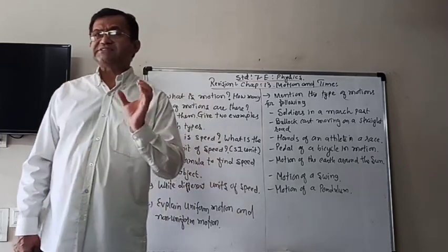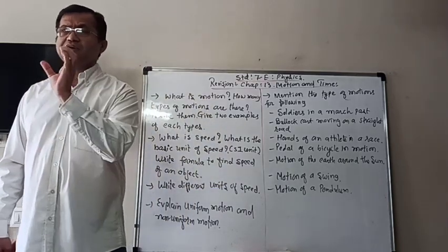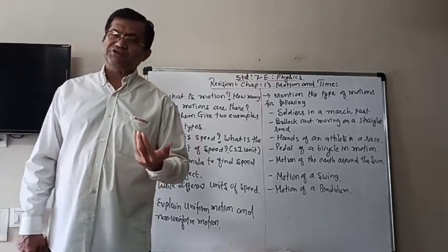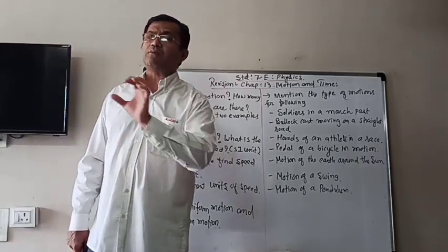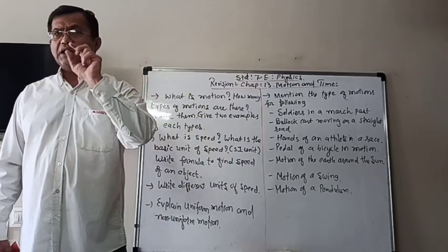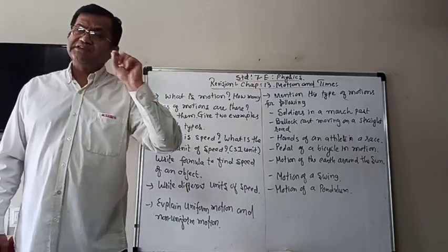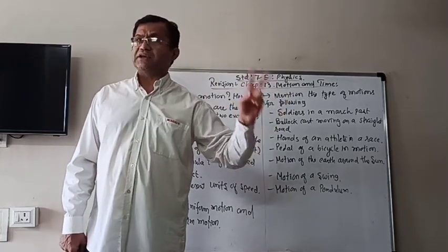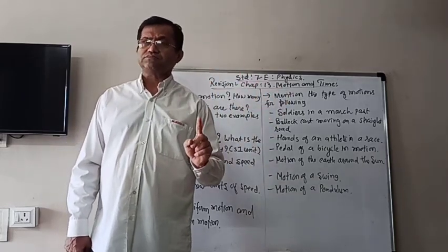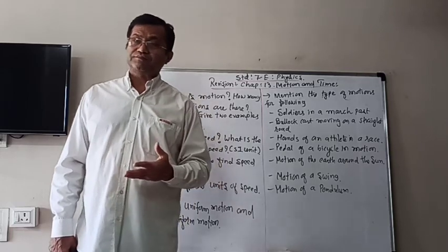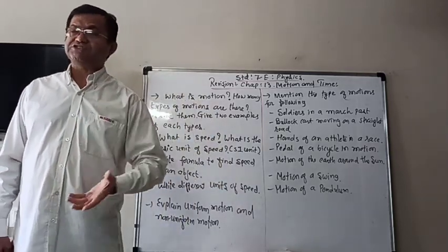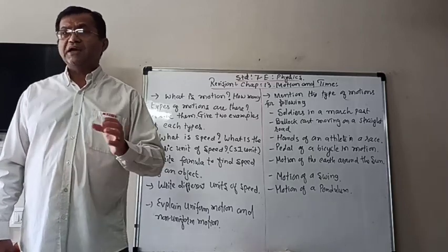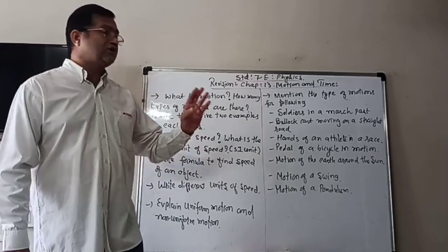So we cannot cover the same distance in equal intervals of time. That type of motion is known as non-uniform motion. So if an object covers the same distance in equal time intervals, it is uniform motion. And if it covers different distances in the same interval of time, then it is known as non-uniform motion.